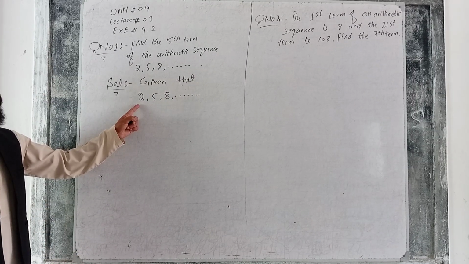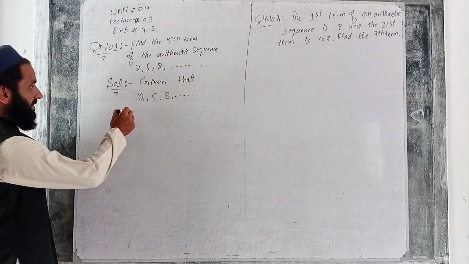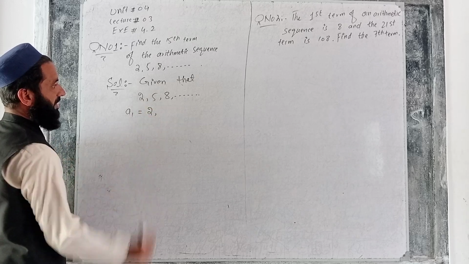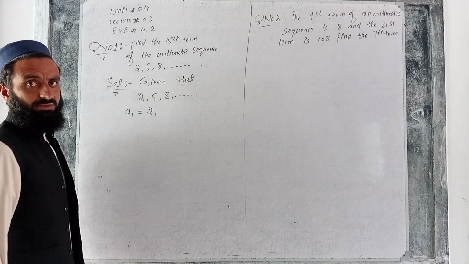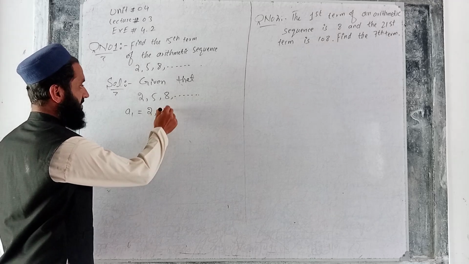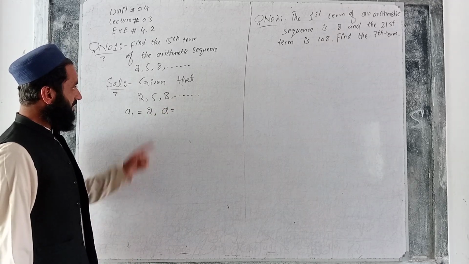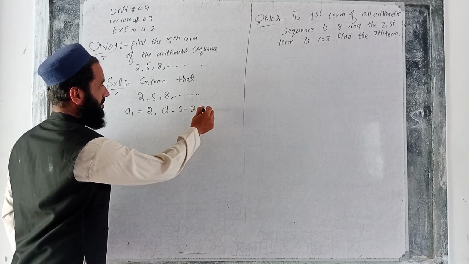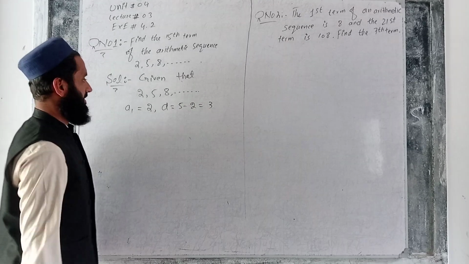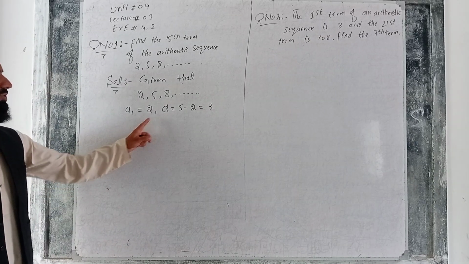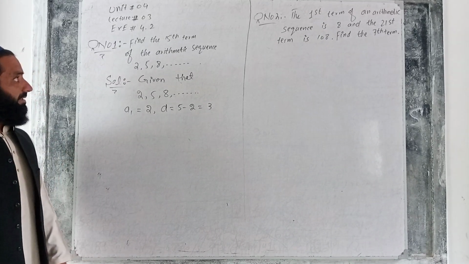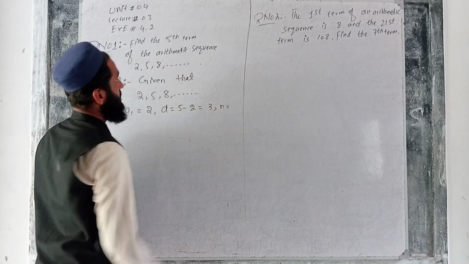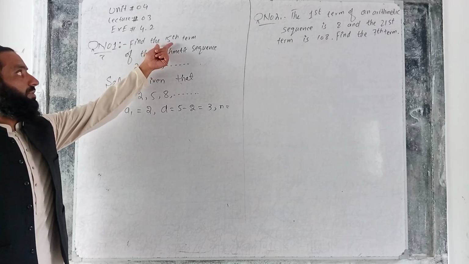Here in this arithmetic sequence we have the first term a1 equal to 2, and we want to find the common difference, which is d equal to 5 minus 2, which is equal to 3. a1 is equal to 2, d is equal to 3, and if we look at the given question, n is equal to 15.